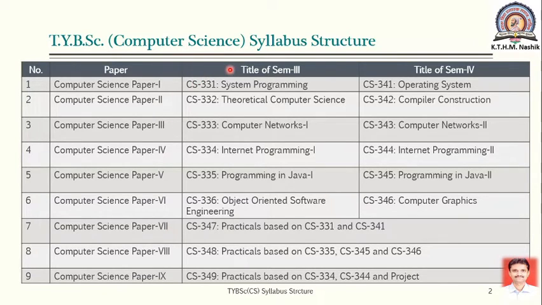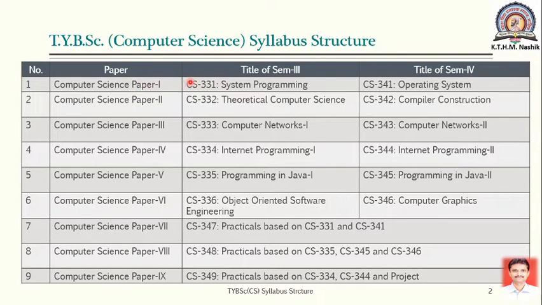In second year, you have gone through semester 1 and semester 2. In third year, you will go through semester 3 and semester 4. Let us go in brief about the aim and objective of every course.